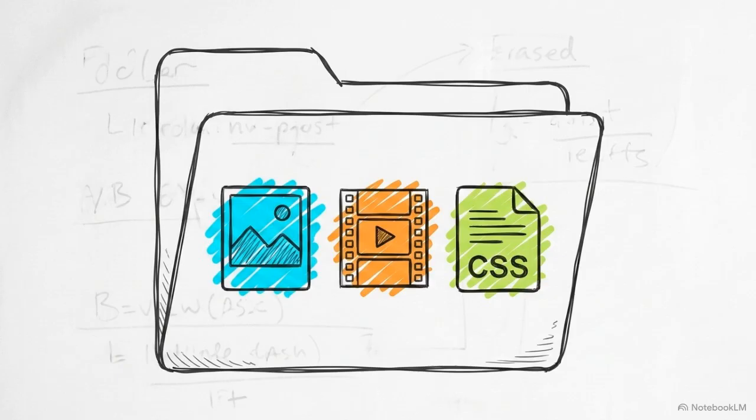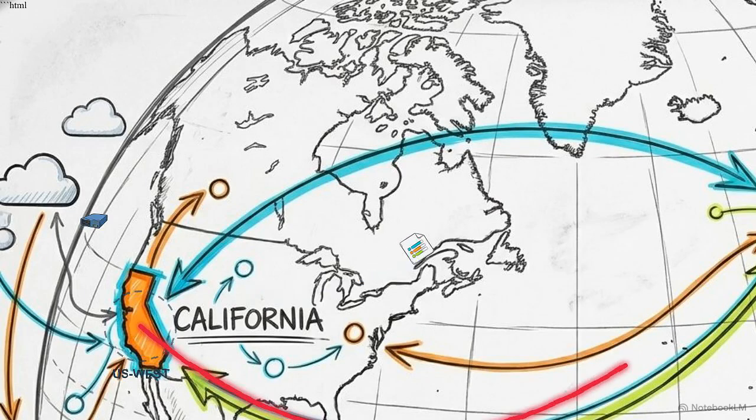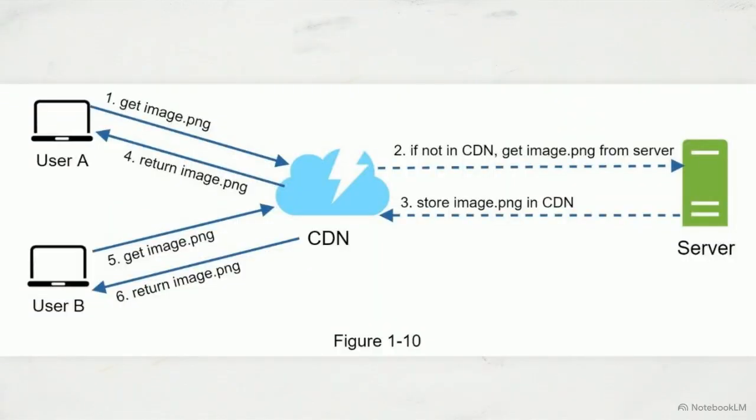Heavy static assets, like high-resolution images, video files, and CSS style sheets, present a different latency problem. Forcing a user in Europe to download a large image from a centralized web server in California incurs a heavy geographic transit penalty. This flowchart details a content delivery network, or CDN.